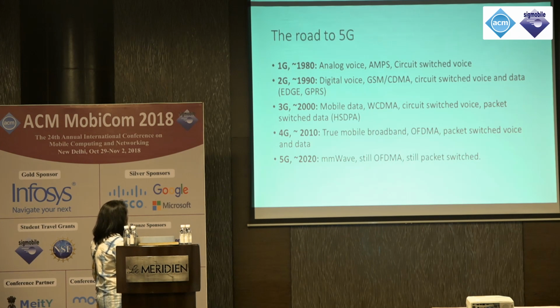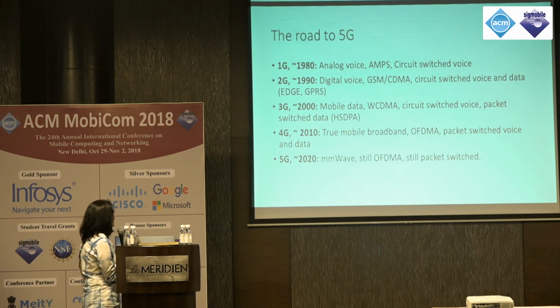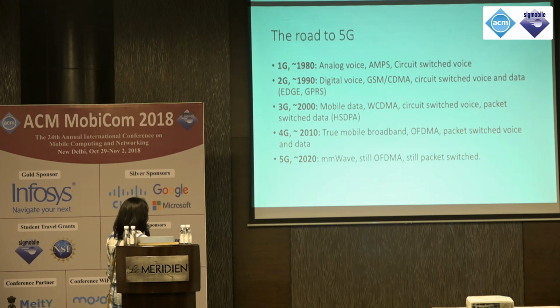2G was really more about digital voice. That's where you had CDMA come in, GSM come in, circuit switched voice and data as well, but data was still circuit switched at that time. So you had systems like EDGE, GPRS, which sort of were 2.5G, 2.75G, and that took you to 3G, which was quite a departure from the previous systems, because the data was now packet switched.